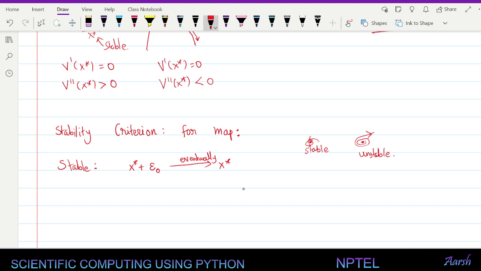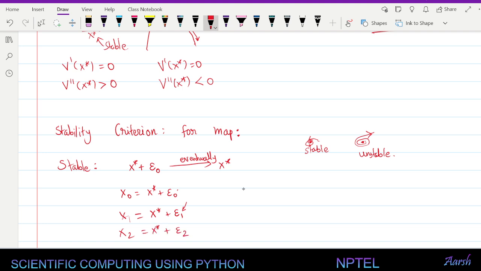So we can do something like this: our x0 is x star plus epsilon 0, then x1 will be x star plus some other epsilon 1, and we can calculate this epsilon 1 in terms of epsilon 0. Then x2 is x star plus epsilon 2.